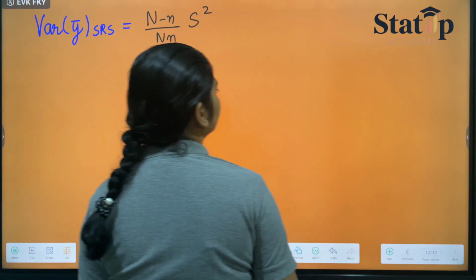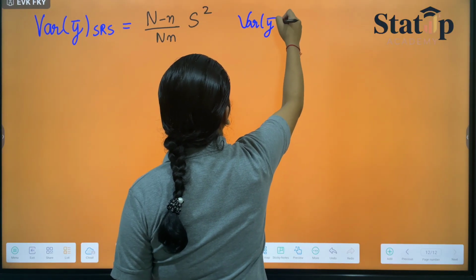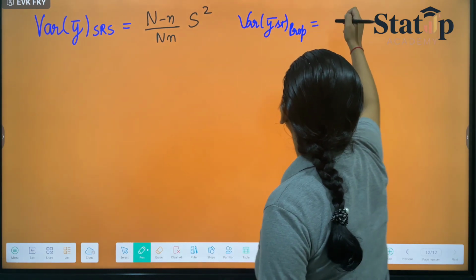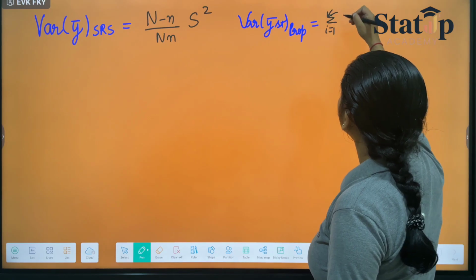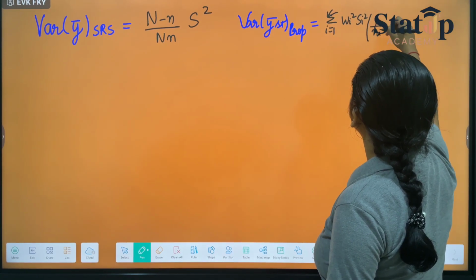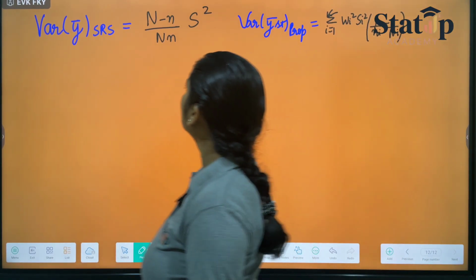This is the variance of SRS, and variance of y bar st of proportional allocation is nothing but summation i goes from 1 to k Wi square Si square into 1 upon small ni minus capital Ni. This is the formula.